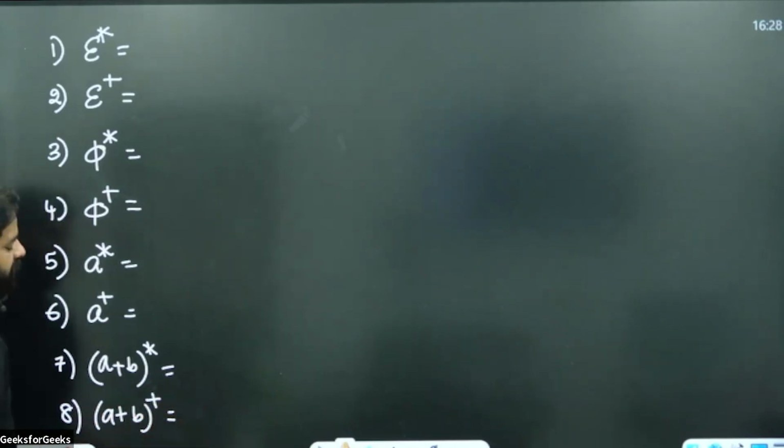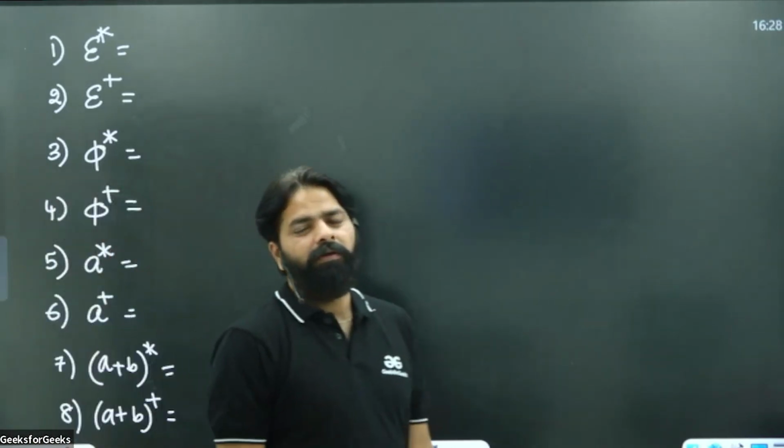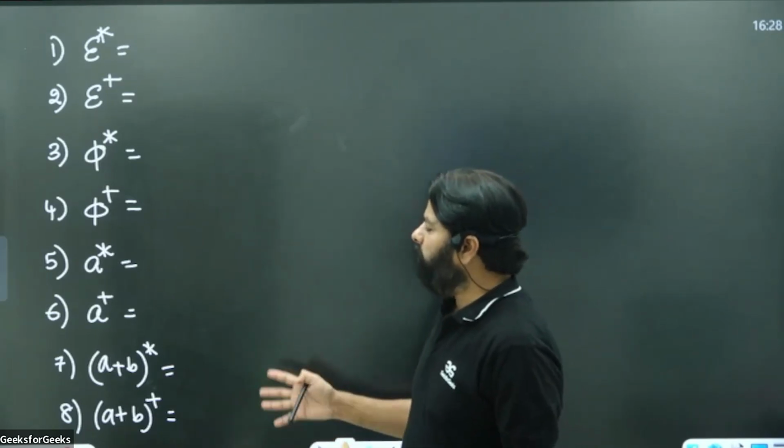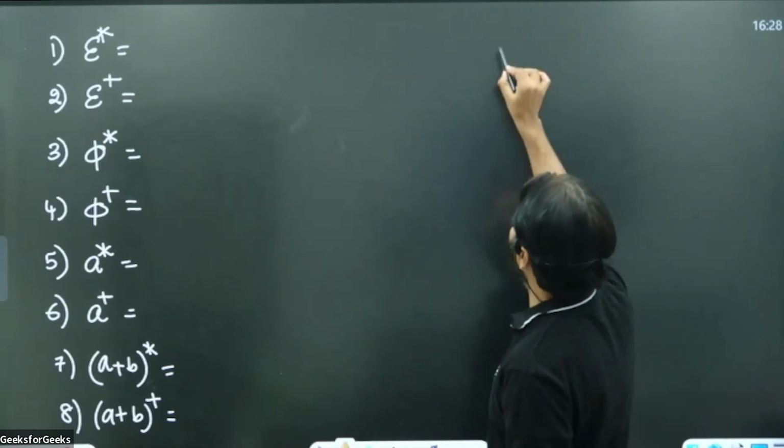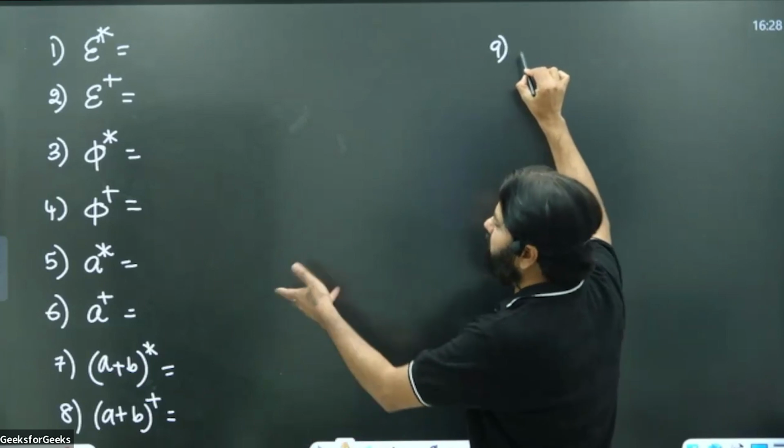If you cannot simplify, just write some strings of it. Some of them you can't simplify, then what will you do? Just simplify them as per your understanding. Simplify means write some of the strings.